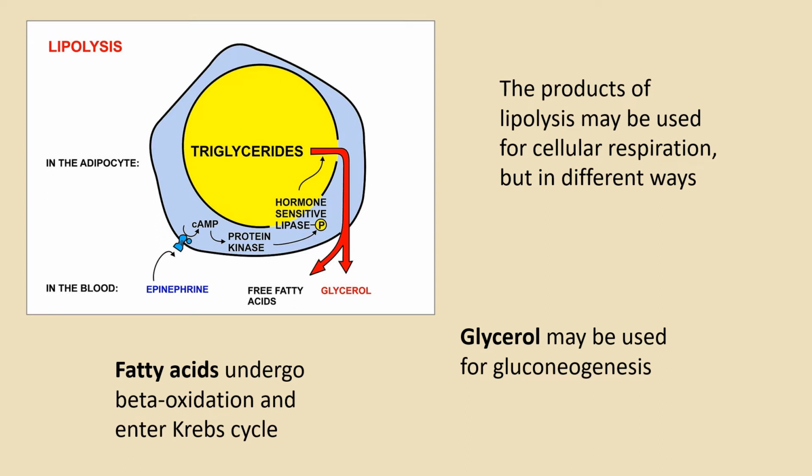The fatty acids can also be used for cellular respiration. And the first step is to undergo a process known as beta oxidation. And then those fatty acids will be converted into a form that can enter into the Krebs cycle, which occurs inside mitochondria.